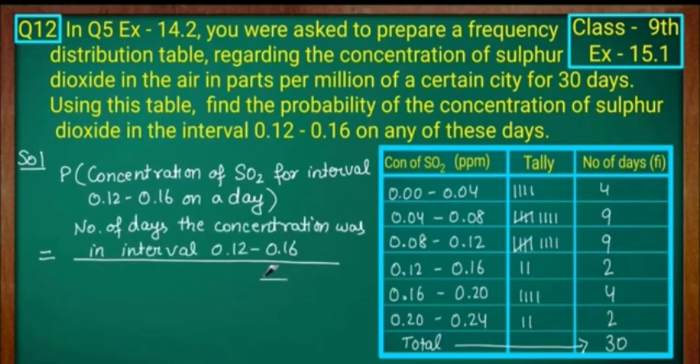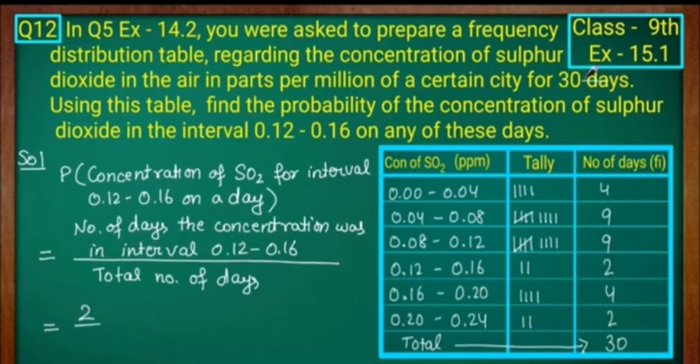So it is the number of days the concentration was in the interval 0.12 to 0.16 over the total number of days. From the table, the number of days in the interval 0.12 to 0.16 is 2. The total number of days in the table is 30.